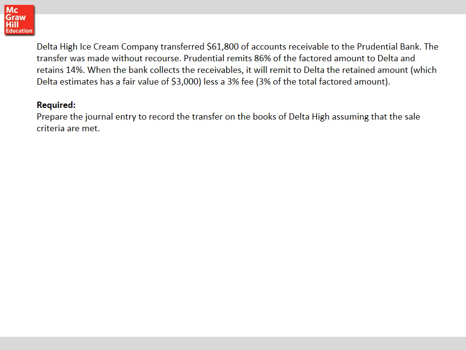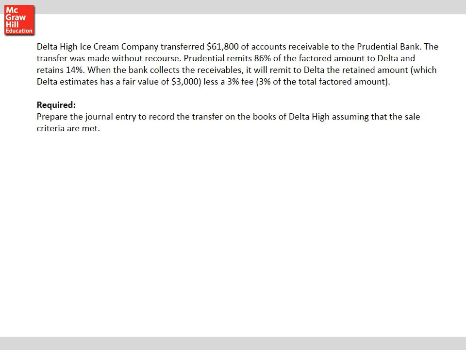So this now is an outright sale. Delta will no longer own their accounts receivable. They are going to receive cash. Prudential Bank is taking these accounts receivable and now will be responsible for collecting them. Because of that, there are other items involved here that we need to account for because of the risk of default by these accounts receivable.